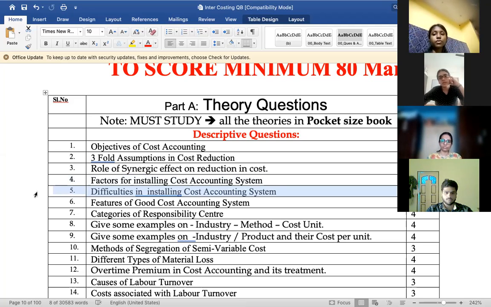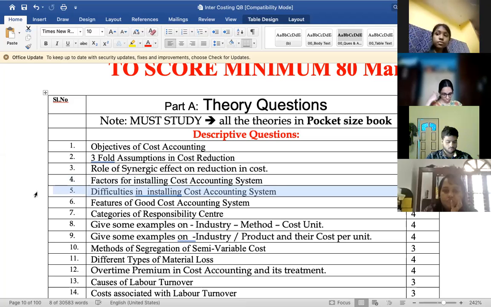Indra, kindly read one more time quickly. Lack of support from top management, resistance from accounting staff, lack of cooperation at the operating levels, shortage of trained staff, and cost of the operating systems. Good.